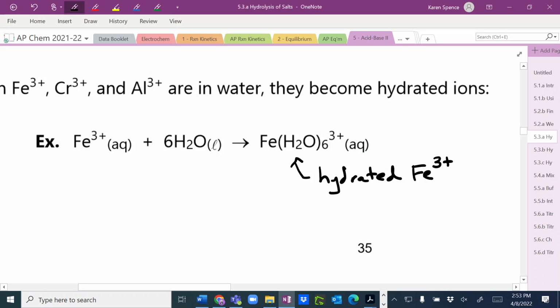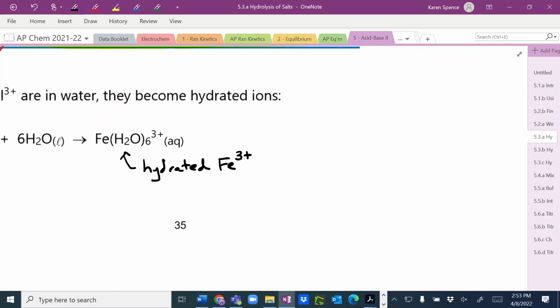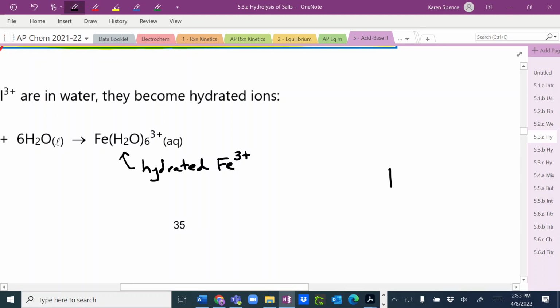What happens is that iron 3 plus has some empty d orbitals. Yes? Empty d orbitals. You don't need to know this. This is not part of the curriculum, okay? But we've got some empty d orbitals floating around. Whoops, I should have done it like that. La la la, empty d, empty d.